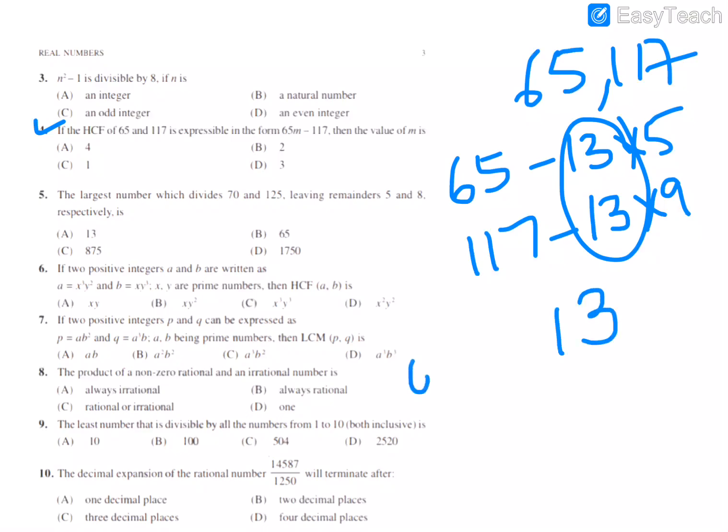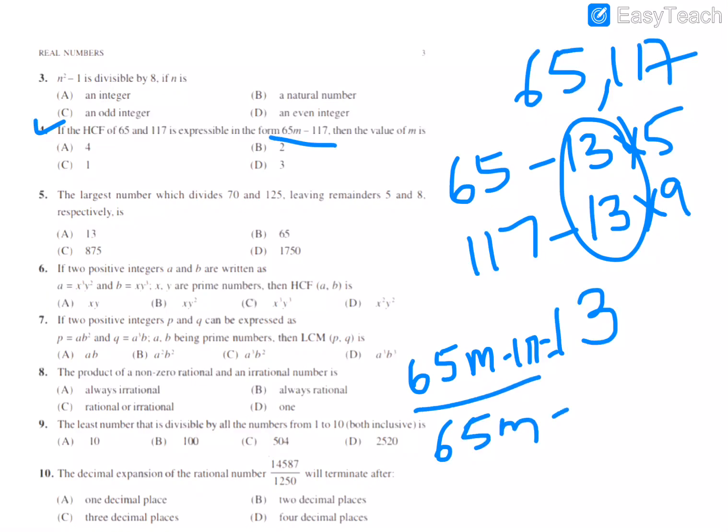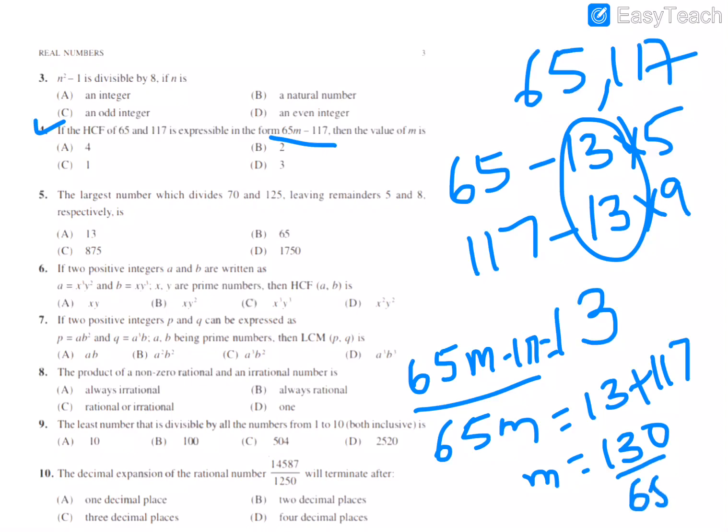So it is expressed here in the form 65m minus 117 is equal to 13. So 65m is equal to 13 plus 117, that is 130. m is equal to 130 by 65, that is 2. So the answer here is 2.